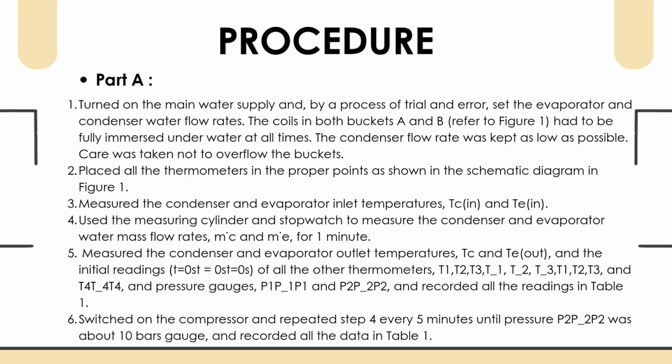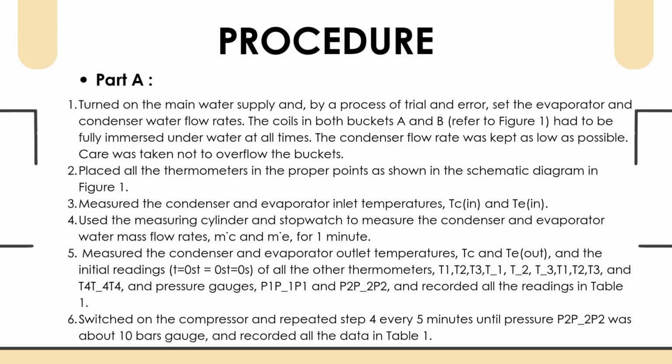Second, place all the thermometers in the proper points as shown in the schematic diagram in figure 1. Third, measure the condenser and evaporator inlet temperatures, Tc in and Te in. Use the measuring cylinder and stopwatch to measure the condenser and evaporator water mass flow rates (mc and me) for 1 minute.